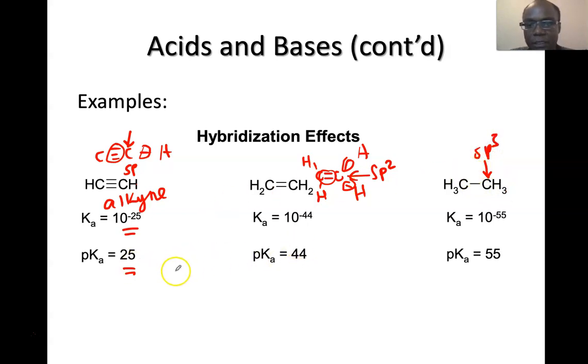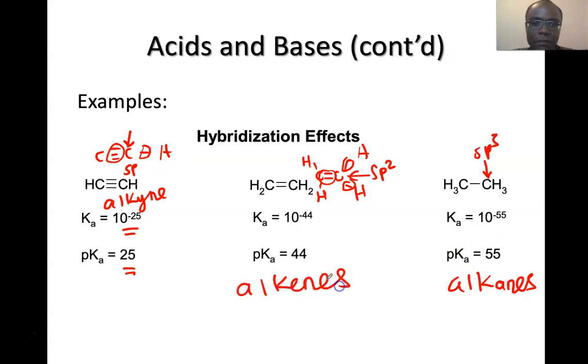So based on the pKa, the lower the pKa, the stronger the acid. Of course, the alkynes are stronger acids than alkenes, and it happens that alkenes are right in the middle. I already told you that alkynes have triple bonds, alkenes have double bonds, alkanes have all single bonds.